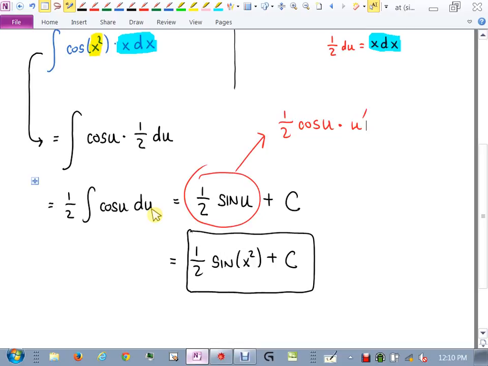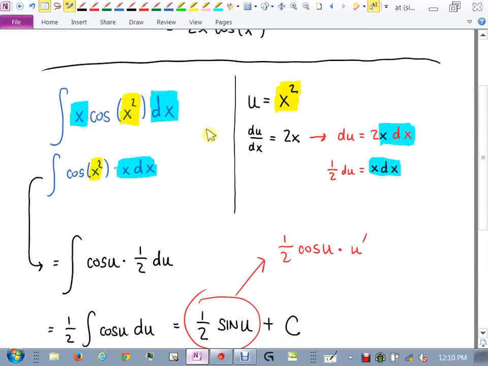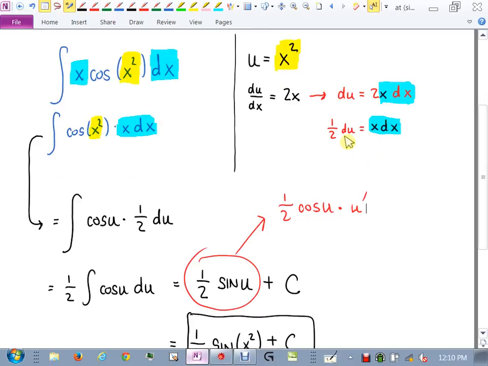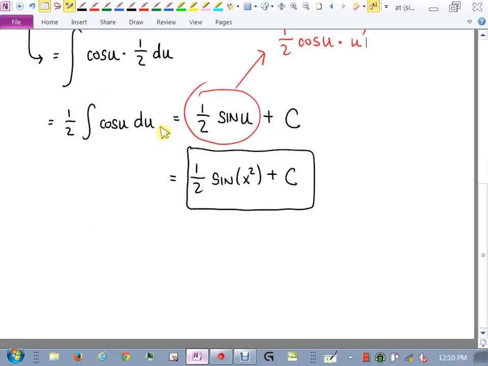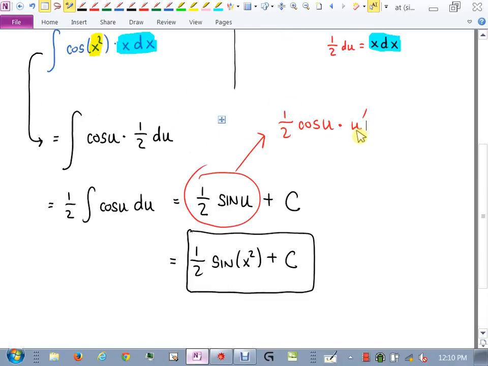Sometimes that u prime is not just 1, it's something else. For us, in this problem, when we said dx here, dx was really 1. We didn't realize it was 1. But du here is not 1. du is 2x dx. So this differential, sometimes it's 1, sometimes it's not, but it comes from the chain rule. When you take the derivative, it's always sitting there next to it. I hope that makes sense. It's going to take some getting used to the notation of it.